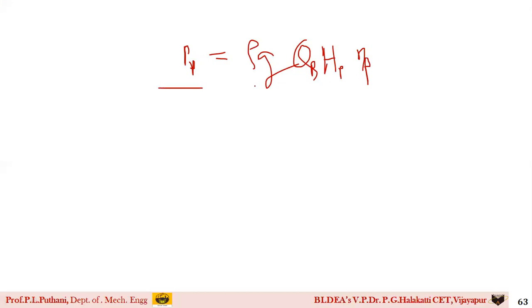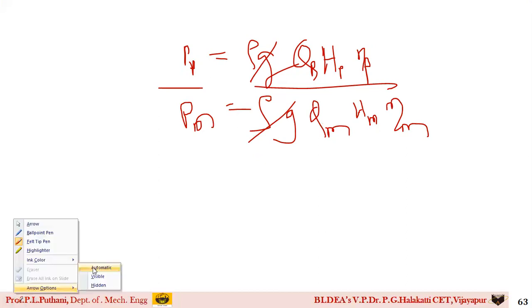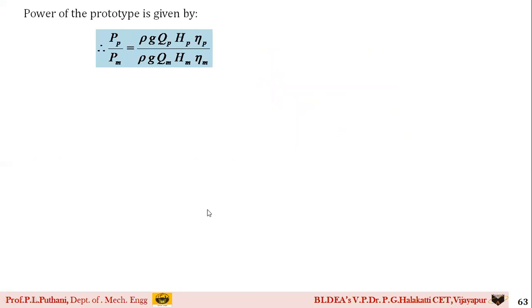This I am going to equate with respect to the model, PM is equal to rho G QM HM eta M. So these terms get cancelled. Remaining all values you have, you just go on substituting and you can get the value of power of a prototype.